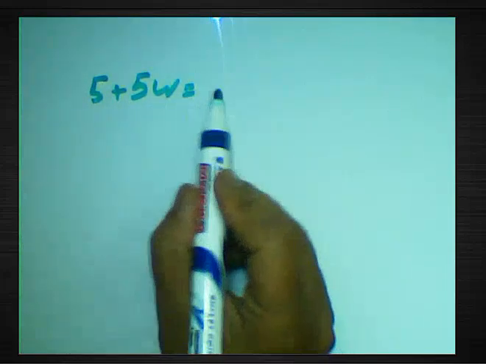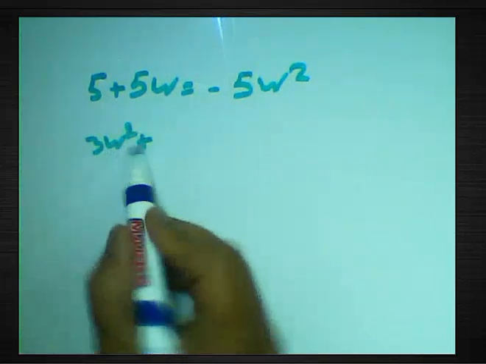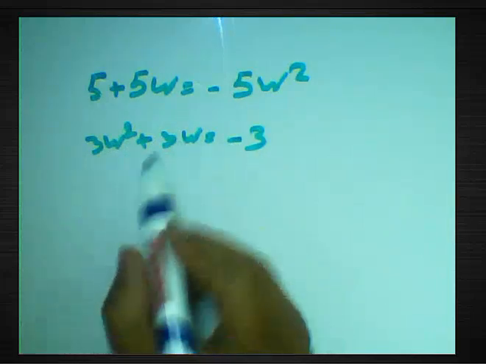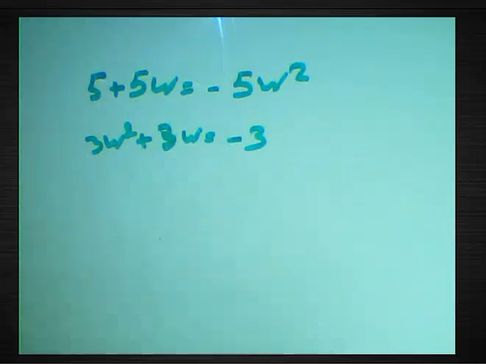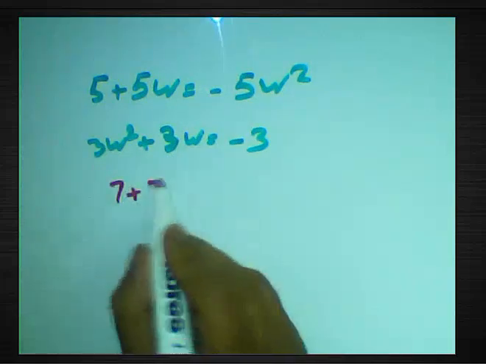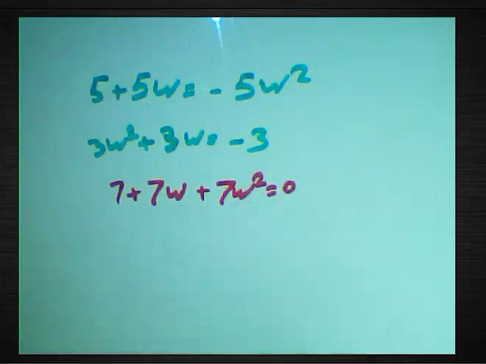The result will be negative 5 omega squared. And what about 3 omega squared plus 3 omega? It will be negative 3. Okay. And what about 7 plus 7 omega plus 7 omega squared? It will equal 0.